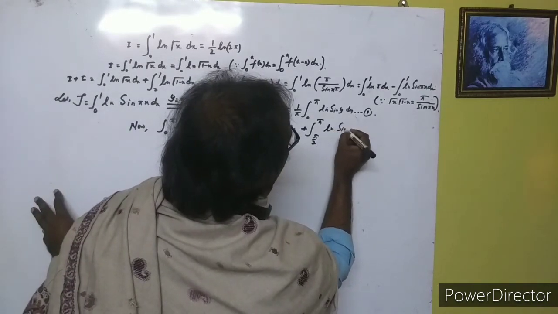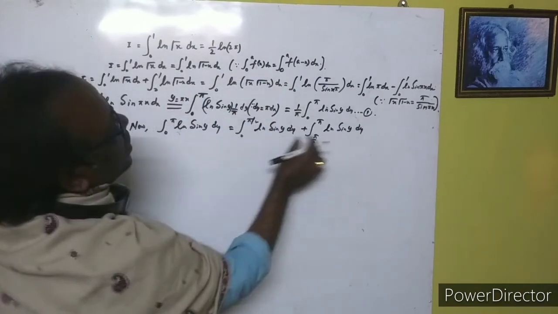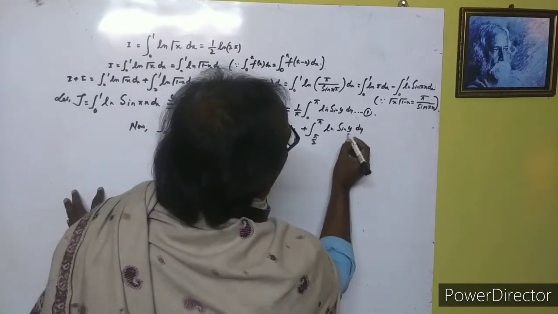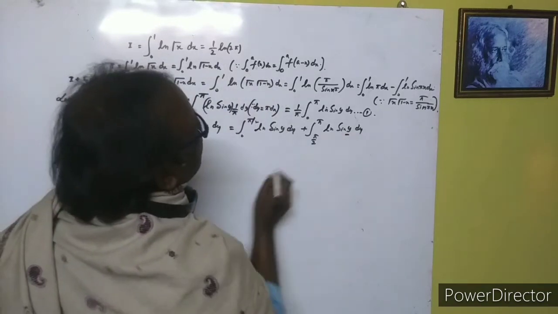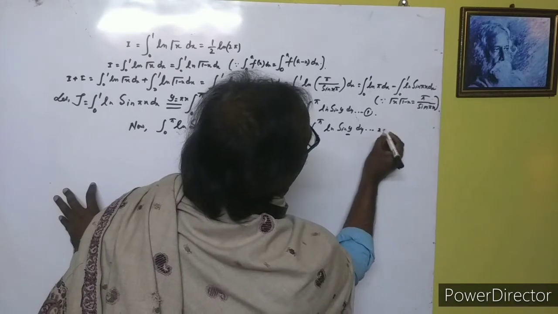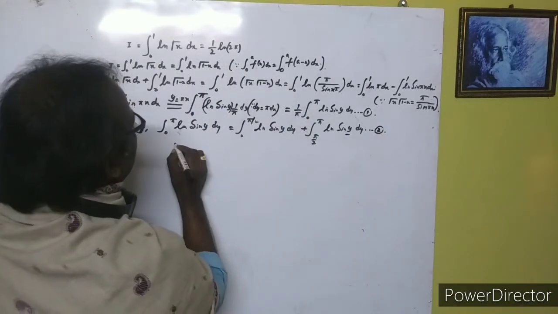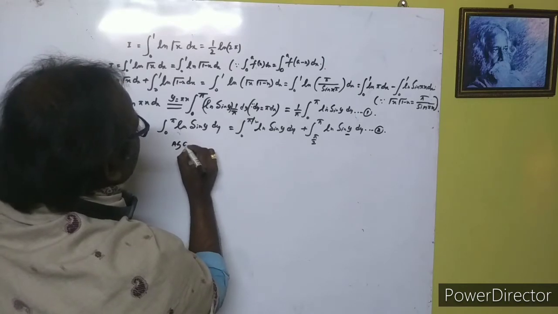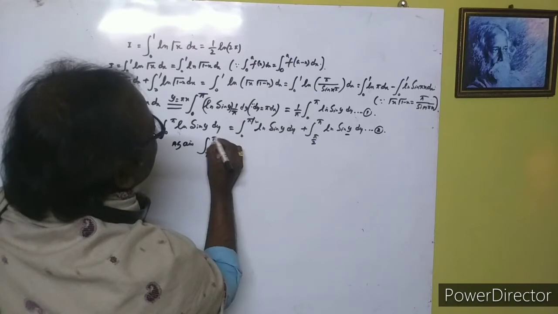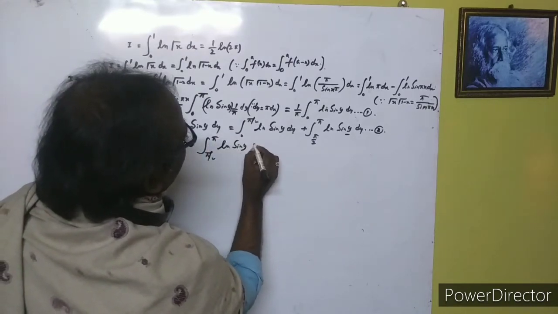Now we want to prove these two integrals are the same. For the second integral, call it number 2, the integral from pi by 2 to pi of ln sin y dy.